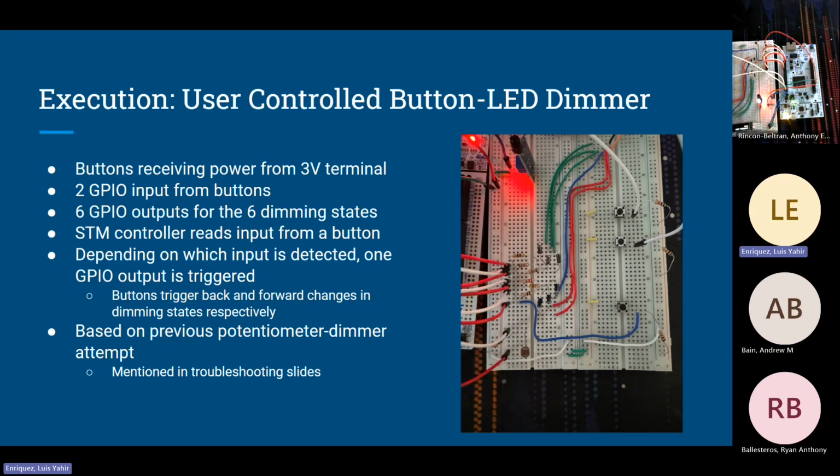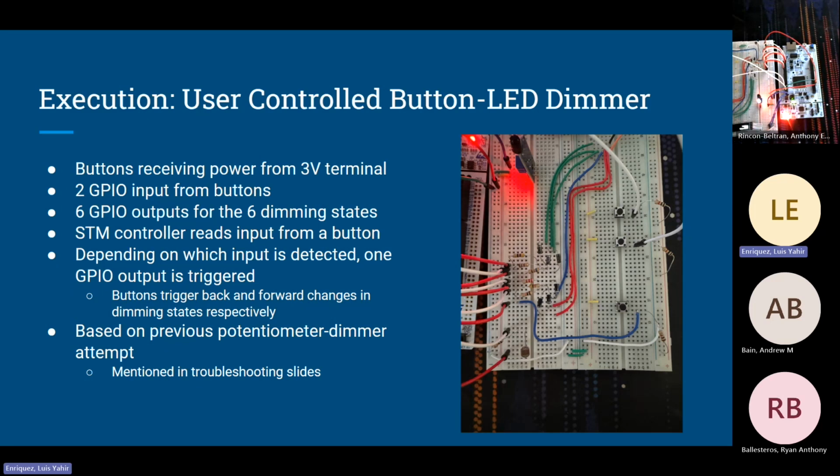So now each of the buttons is receiving 3 volts from the 3-volt terminal, and when the buttons are pressed, each of them is connected to one GPIO input to the board, one each respectively. And depending on when there's an input, there's going to be one of 6 GPIO outputs for the 6 dimming states.